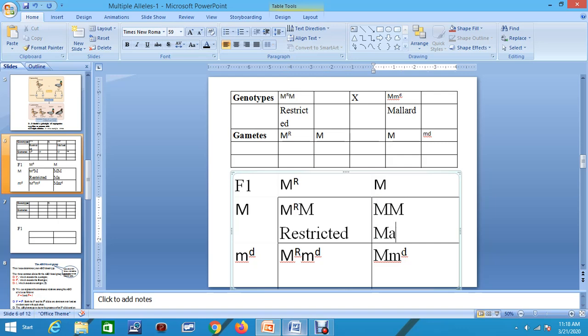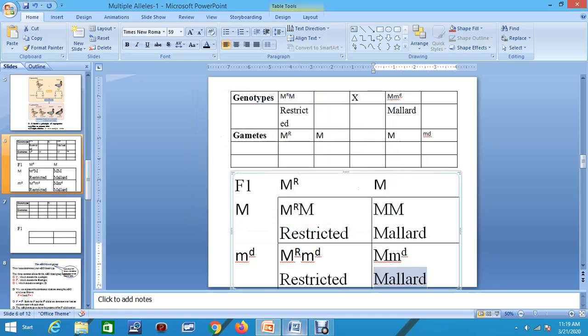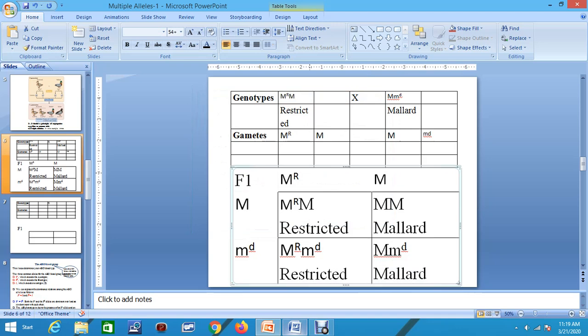So mallard, and here it will be restricted, and then here also it is mallard. I guess this one example is enough, right? Mallard. So we have 50% restricted and 50% mallard feathered ducks in this cross.